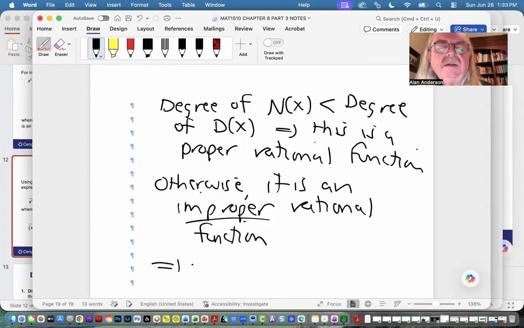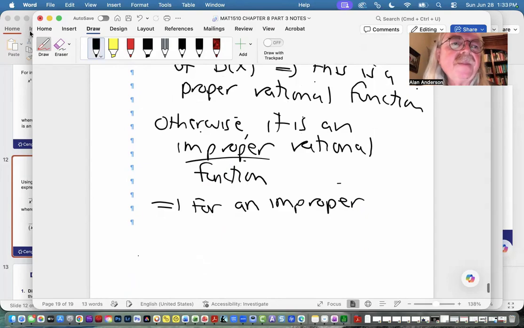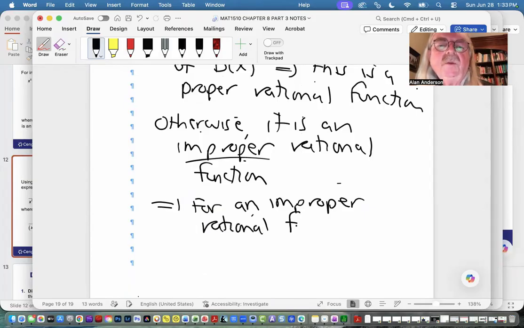So for an improper rational function, which we haven't seen yet, what we have to do to use this technique properly is divide the denominator into the numerator.